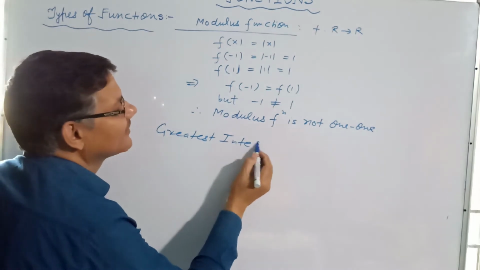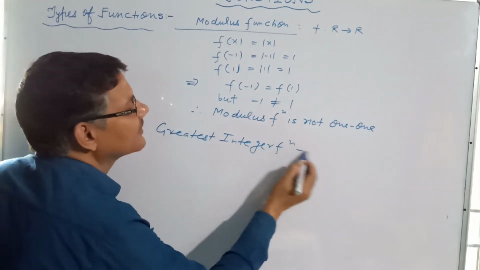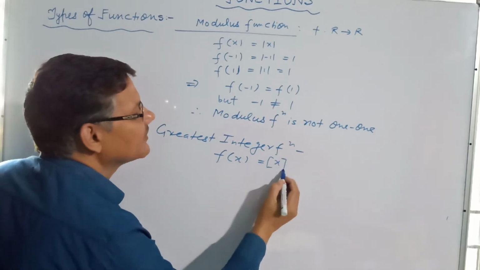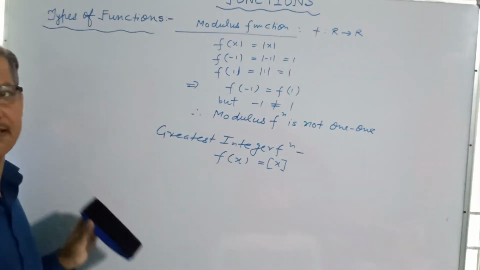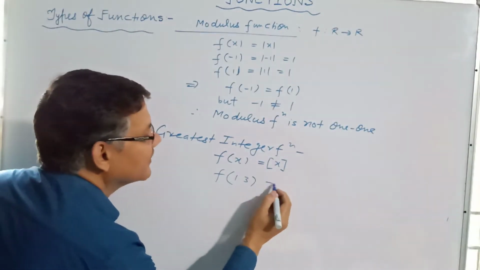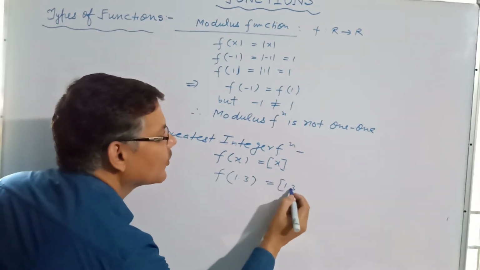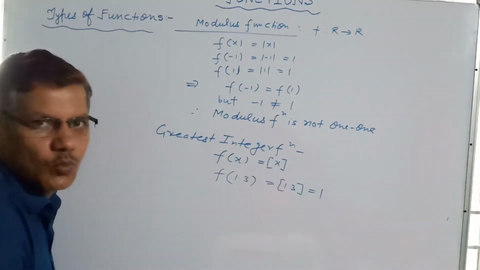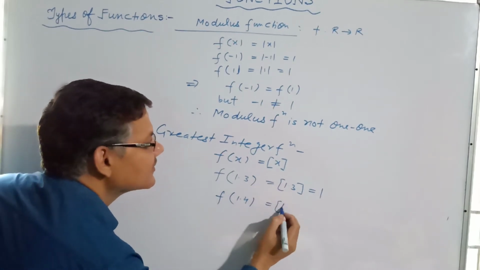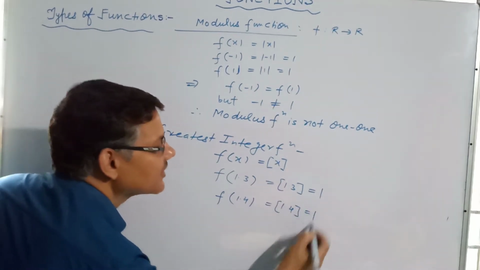Next example, if I take the greatest integer function, it means that f(x) by definition is the greatest integer less than or equal to x. So here if I get the value of 1.3, then we get f(1.3) equal to 1. If I write 1.4, then by definition of the function it comes as 1.